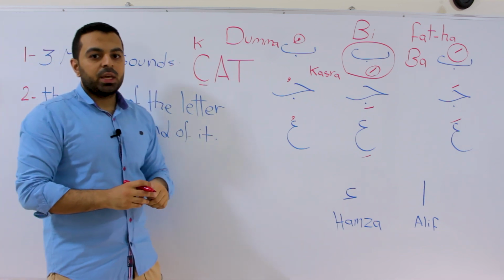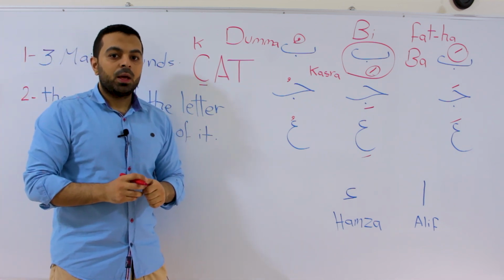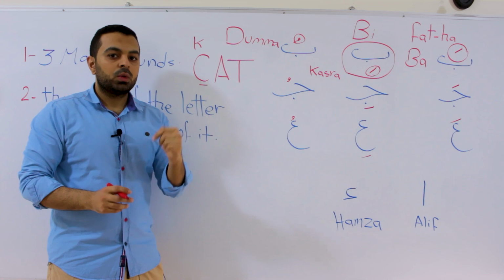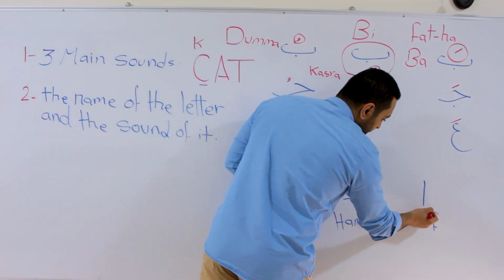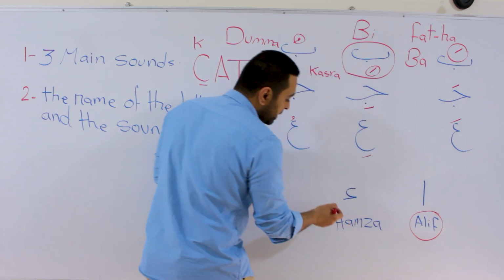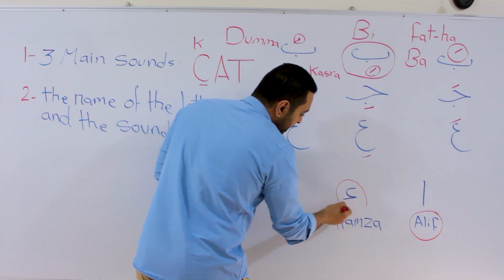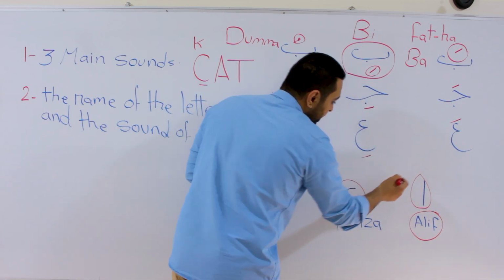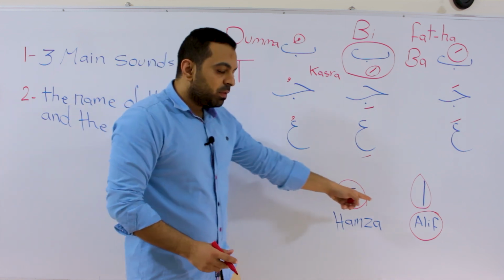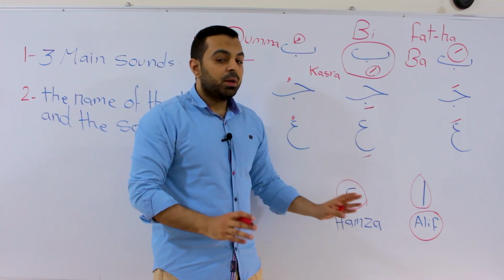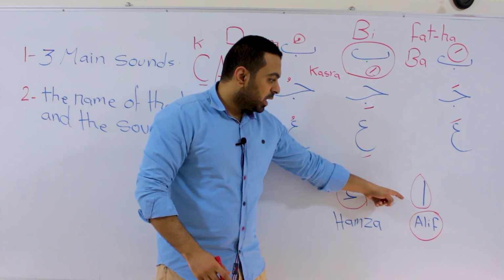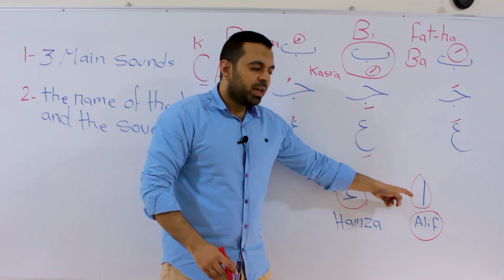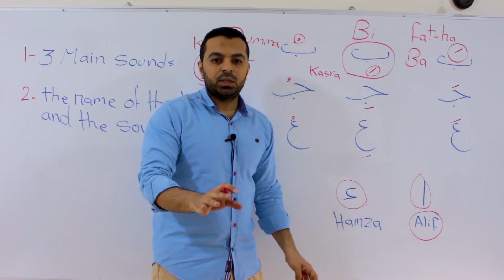We have something like this in Arabic, only in 2 letters: Alif and Hamza. In Alif and Hamza, the name of the letter is Alif. But what is the sound of the letter Alif? Actually, Alif is a very weak letter.